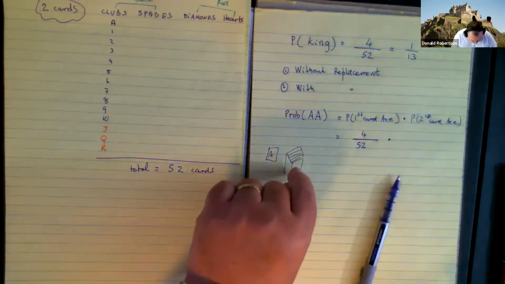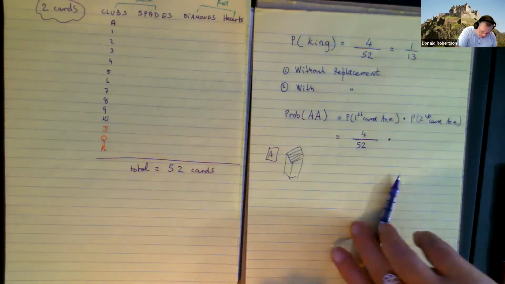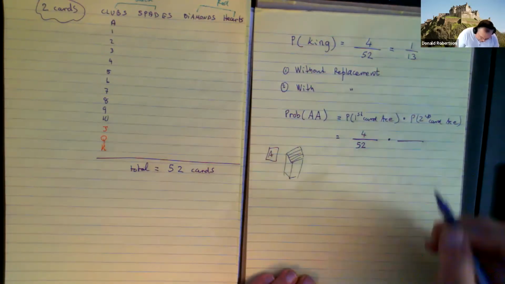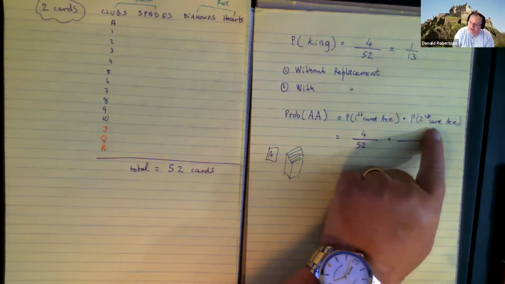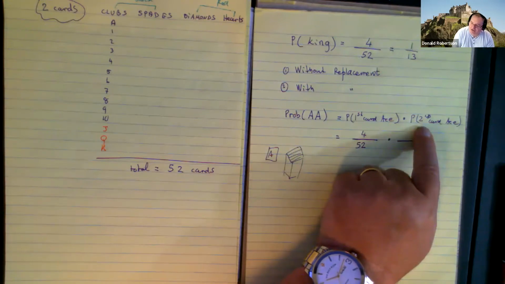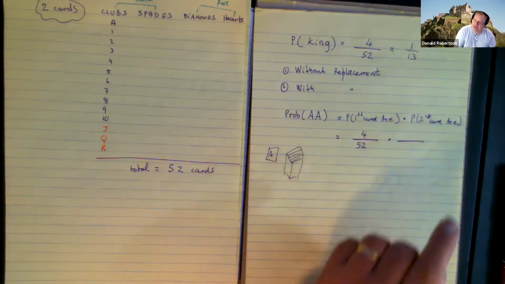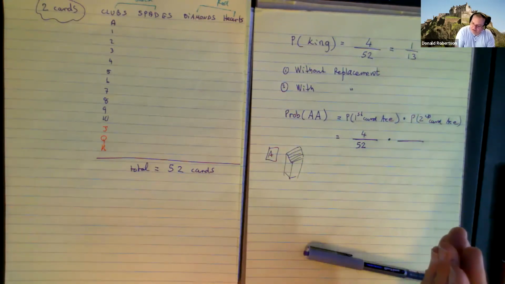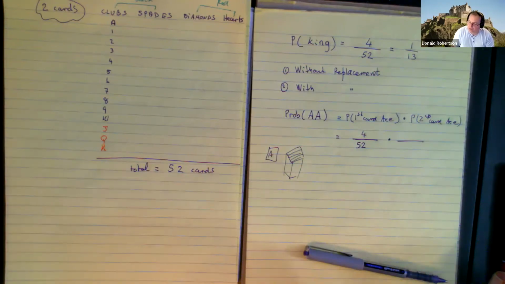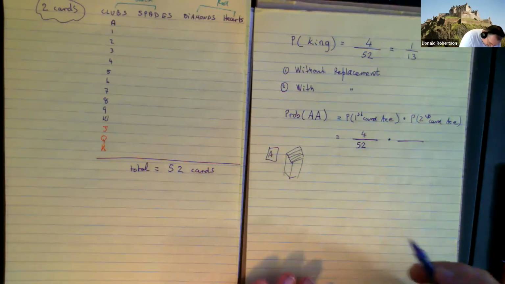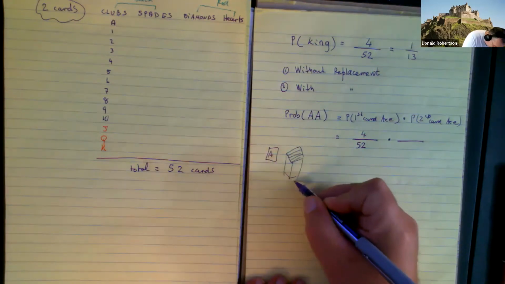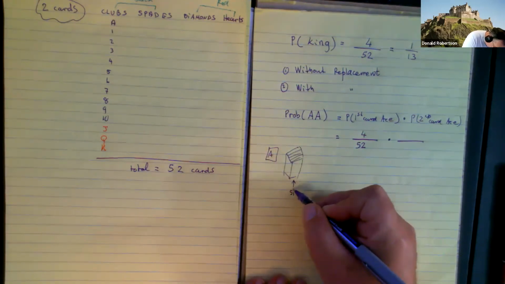I'm about to take my second card. The chance that my second card is an ace is technically a conditional probability. It's the probability that the second card is an ace, given that the first one was. Now, what does that mean? If that card is out, aren't there now only 51 cards in my deck?